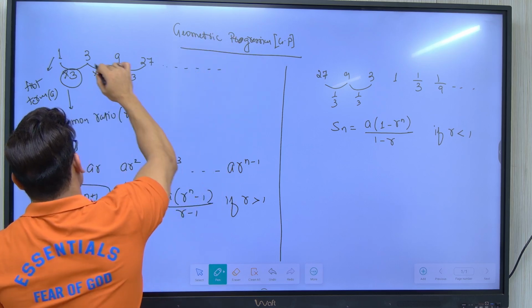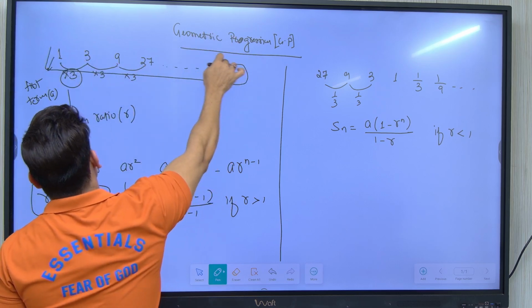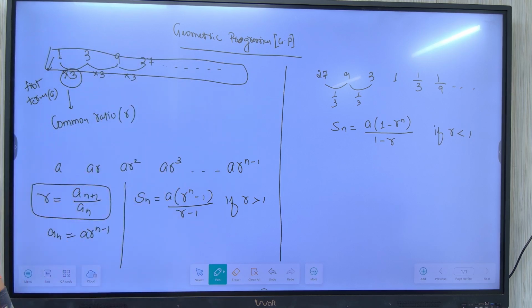Sum means सबका जितने भी terms आते हैं infinite तक जाता है, उसका sum निकाल सकते हो? Can you find the sum of infinite terms? Tell me whether you can, yes or no.